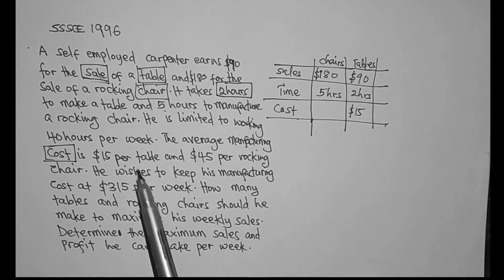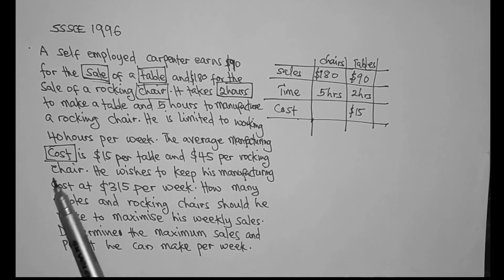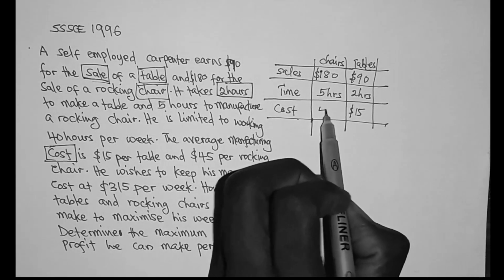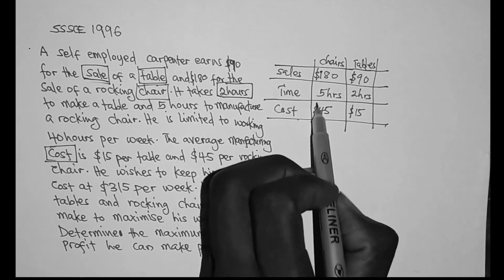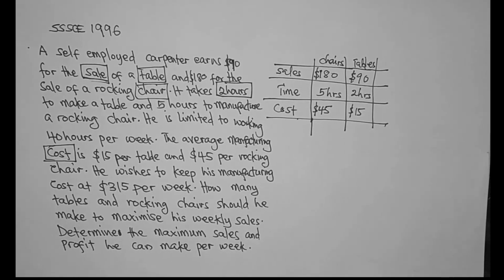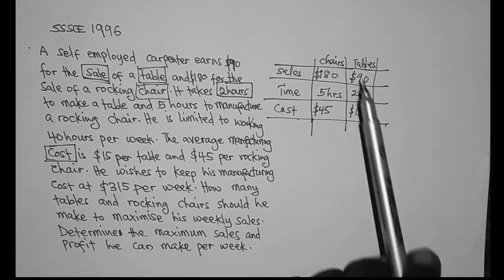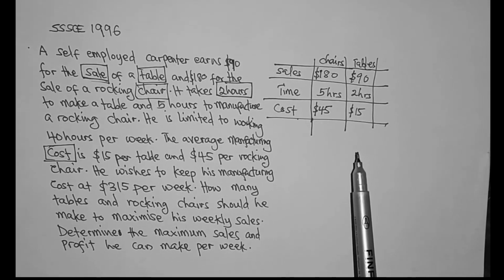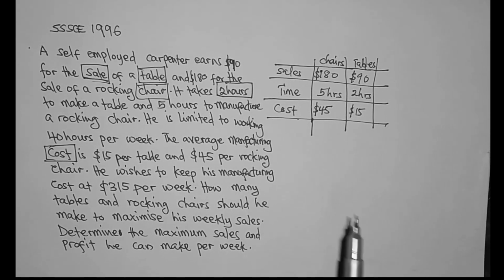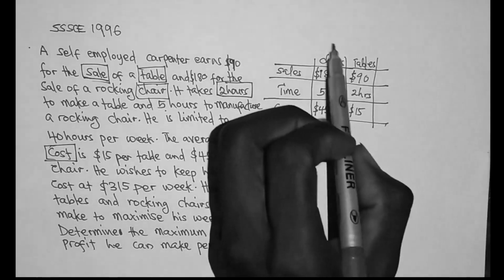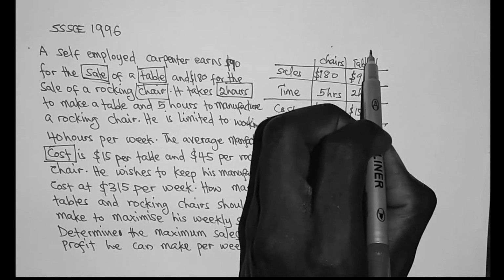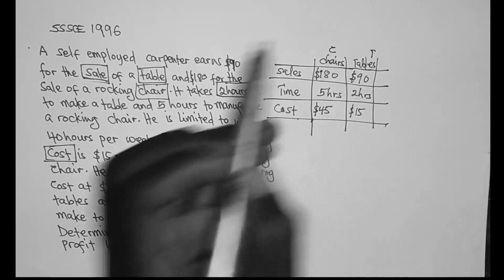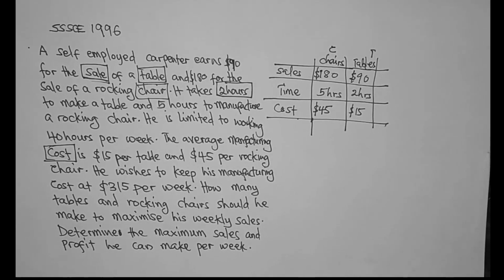And then $45 per rocking chair. So the chair is $45. So now, having found this, we can go ahead to write the function, the inequality, the constraints. So we are using T for tables and C for chairs. So what are the constraints?